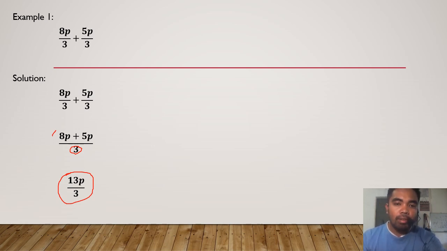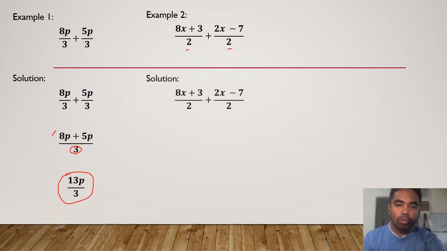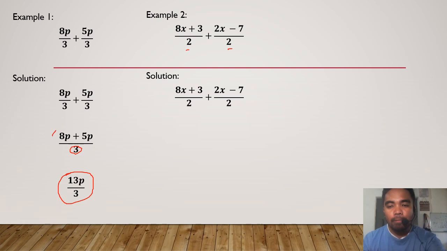So next example, example number 2. So we have also here 2 as the common denominator. So ito yung solution natin. Yan. So as you can see, we combine the terms in the numerator, no?